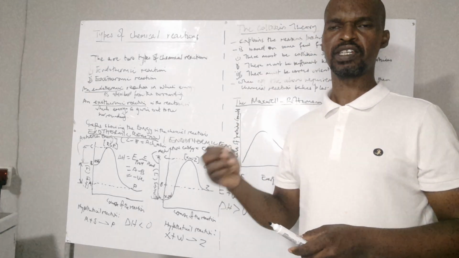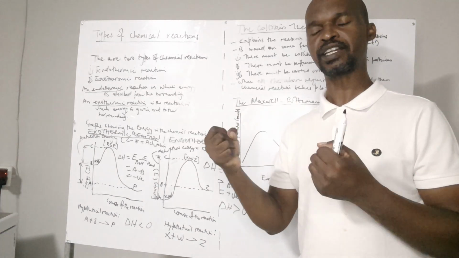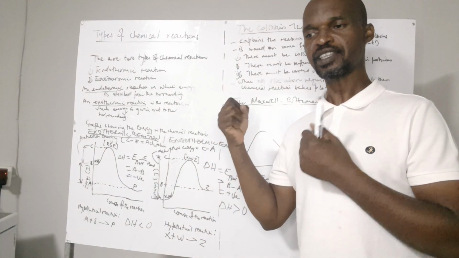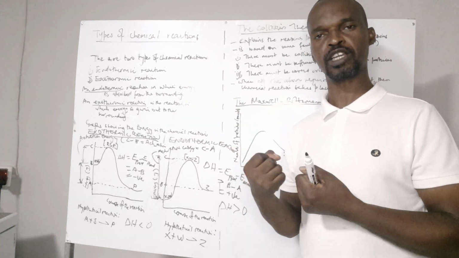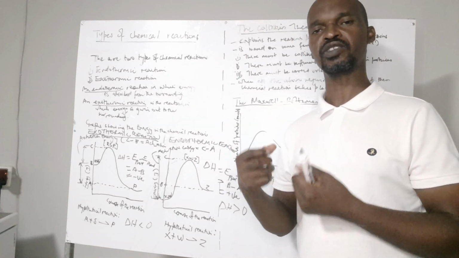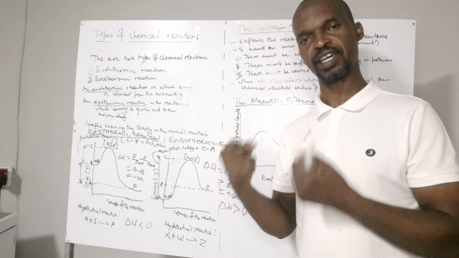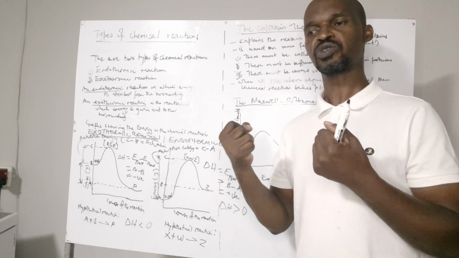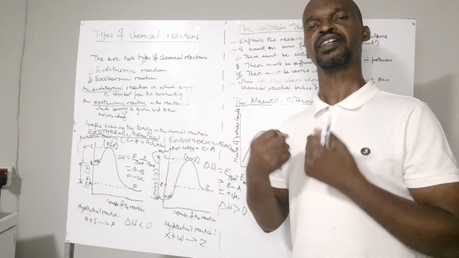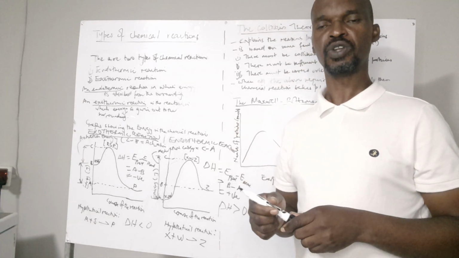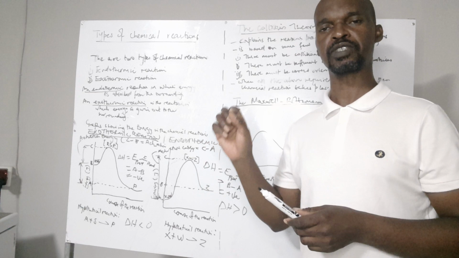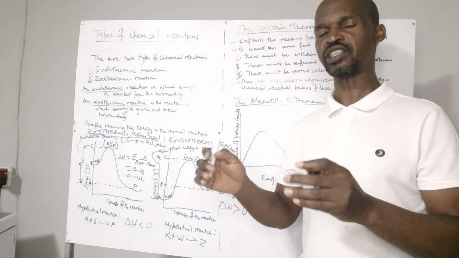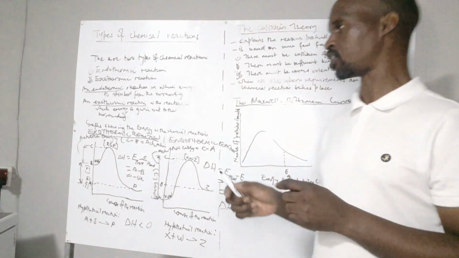If the particles have more energy than required, the chemical reaction won't take place. And when particles have less energy than is required for them to react, the chemical reaction also will not take place. Hence we say there must be a sufficient amount of energy, energy that is only good enough for the reaction to take place.